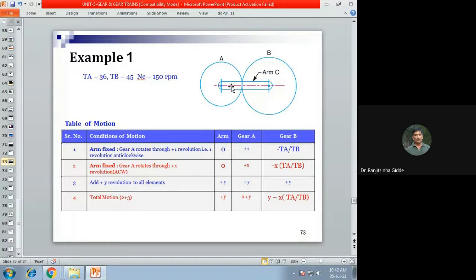Now whatever gear train is shown in the figure, for that we need to go with the help of the tabular method.